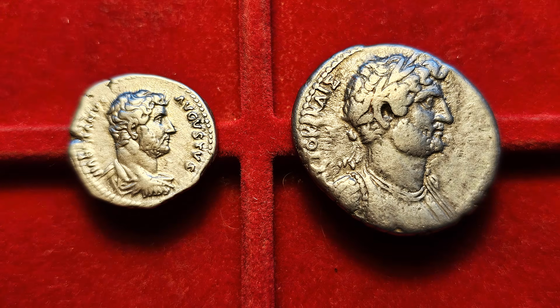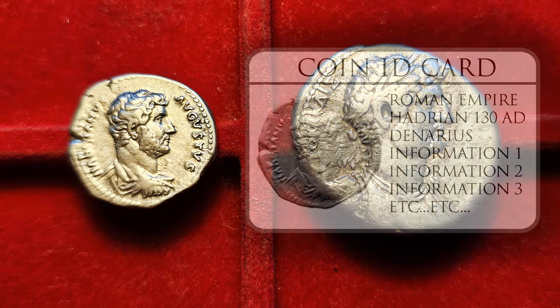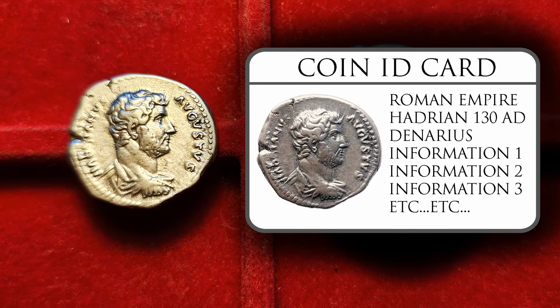kind of universal way of describing these coins, like a universal coin ID card, which I can use as, once again, a universal way of making sense of every coin I come across.